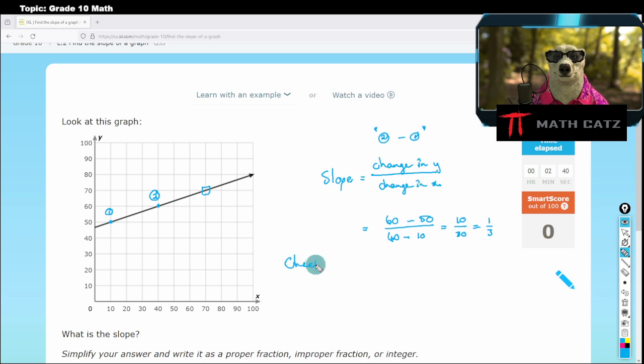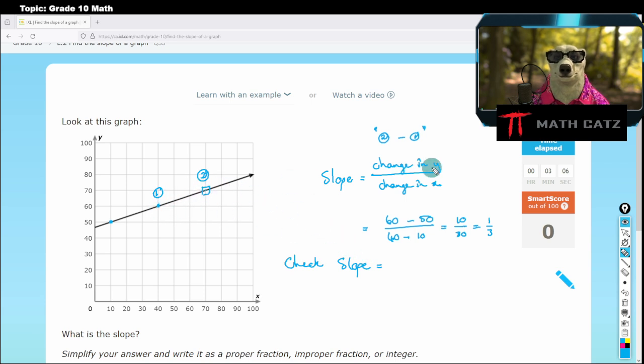So let's check it by using the little square. Let's say we're using the second point now as our first point and the square here as our second point. So then the slope will be, just get the most out of this question. Change from first to second.